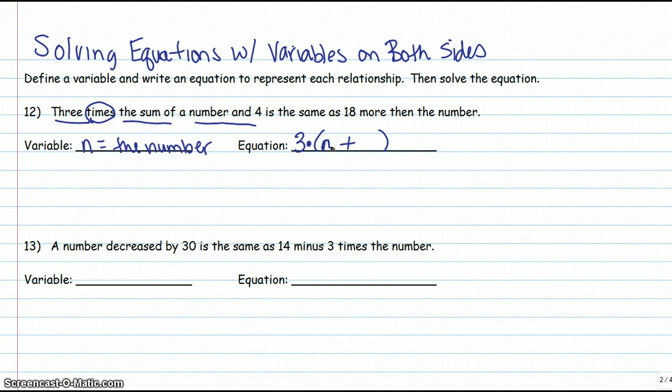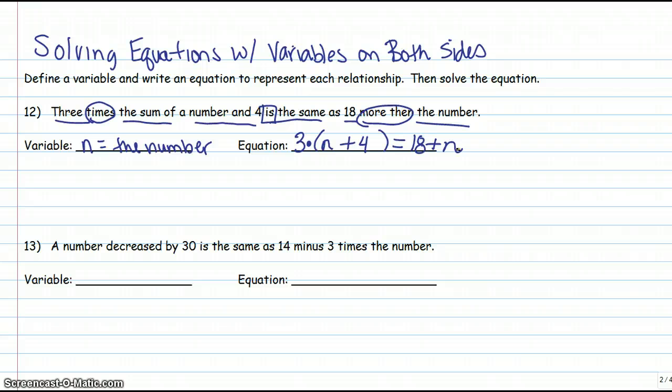So n and 4. Then it says is the same as. That means equals. Then it says 18 more than. More than, we should know, means plus. So it's 18 plus the number. Okay, so we have to know our special words. That there is our equation.